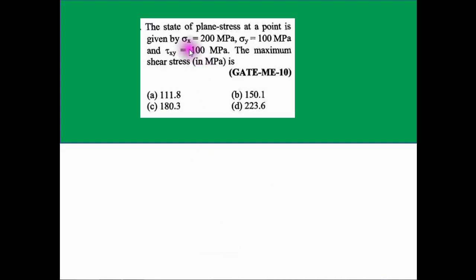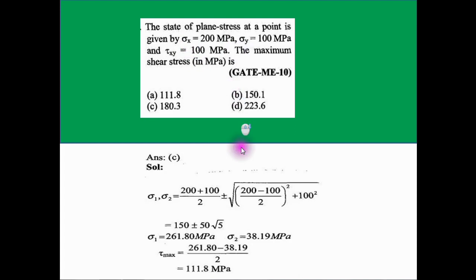So these are stresses in x and y directions. Use root of ((sigma x minus sigma y) upon 2) whole square plus tau xy square. That represents the radius of the Mohr circle, which is equal to the maximum shear stress, 118.8 megapascal. Answer is A. And these values show the maximum principal stress sigma 1 and minimum principal stress sigma 2.